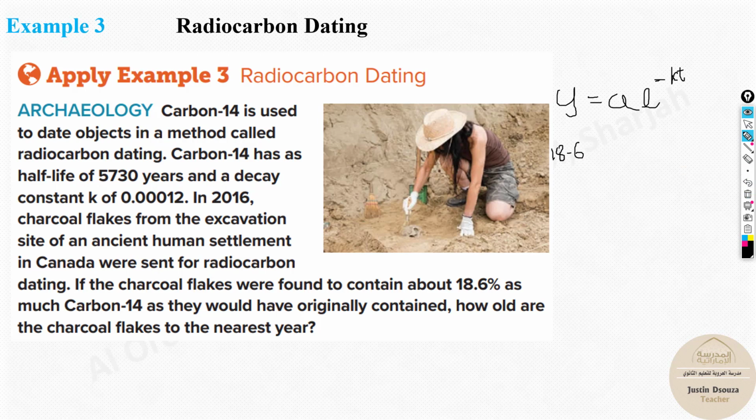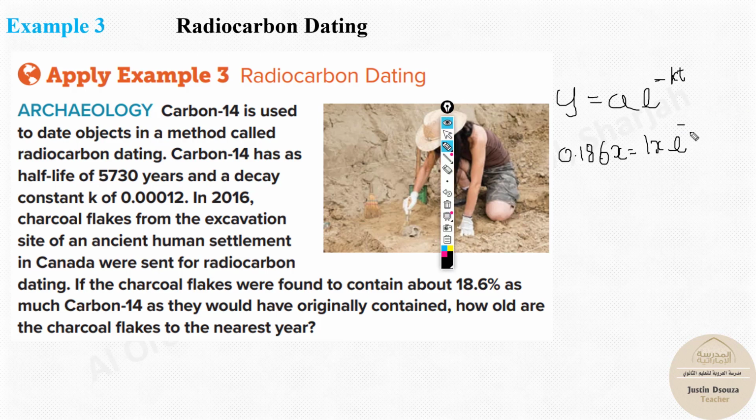It is 0.186 of carbon x, equals, how much was initially? 100%, that is 1x. Here it's not half-life, where it was 0.5. Here they have told the percent. e to the power minus k, k is 0.00012. We need to find the time, the unknown value t.